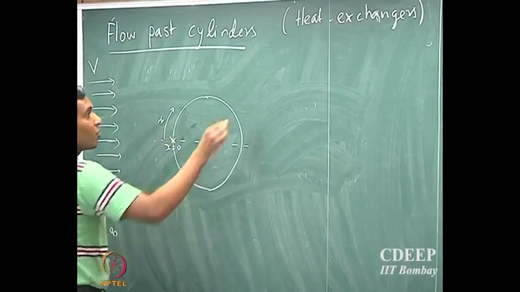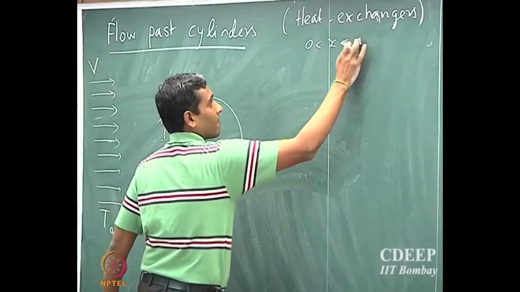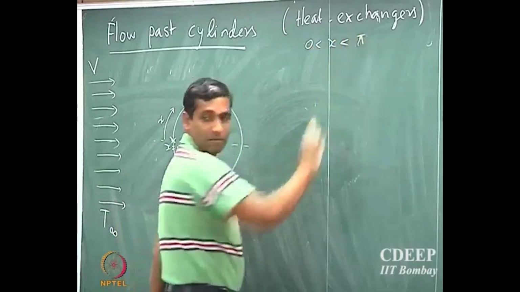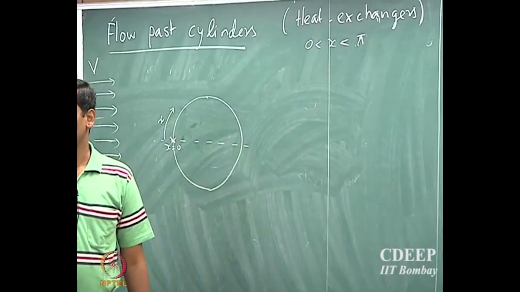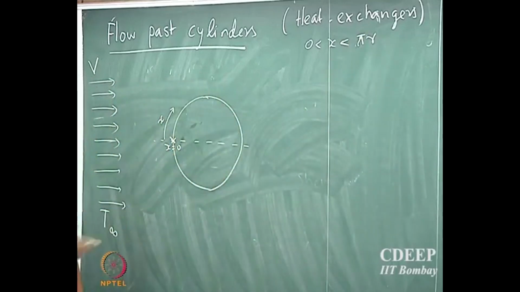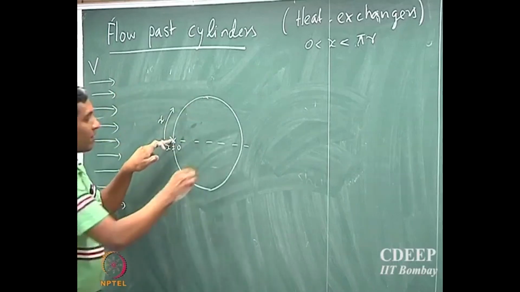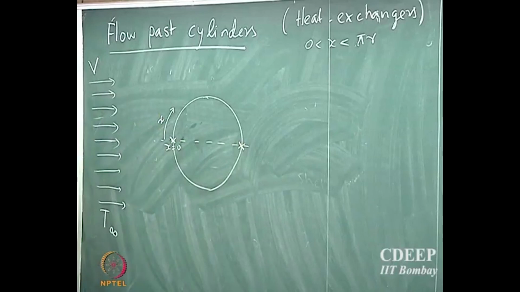So now x really goes from 0 to pi r. 2 pi r is the circumference, and so pi r is the distance going from this end to this end, okay. And it's symmetric, so if I know what's happening on the other side, I can easily find out what's happening on the lower bottom of the circle. So it's a symmetric system, axis symmetric system, okay.